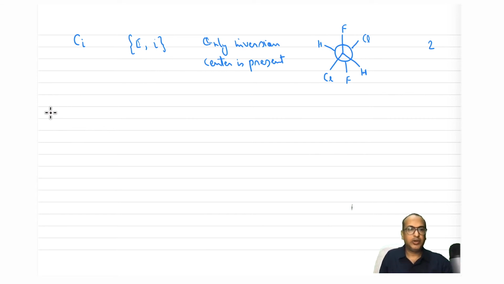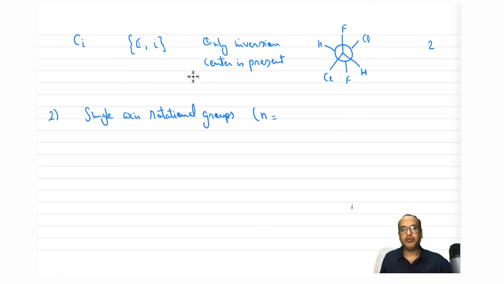Now let's look at the second category, which is single axis rotational groups. Here n of course cannot be 1, because we have seen that if it is 1 it will be the C1 point group. So n can be 2, 3, up to infinity.